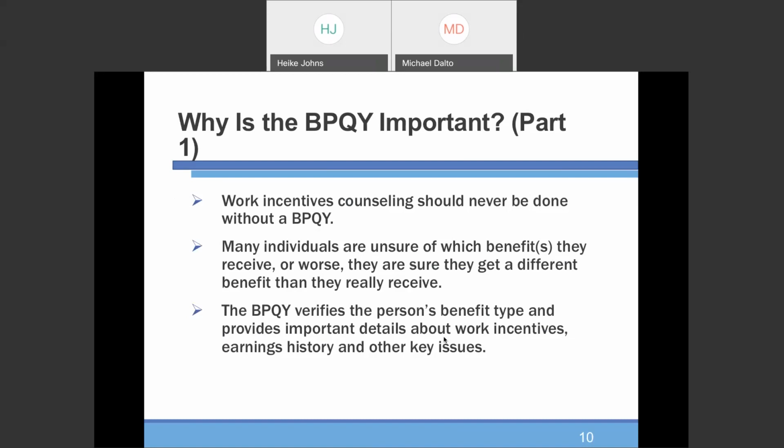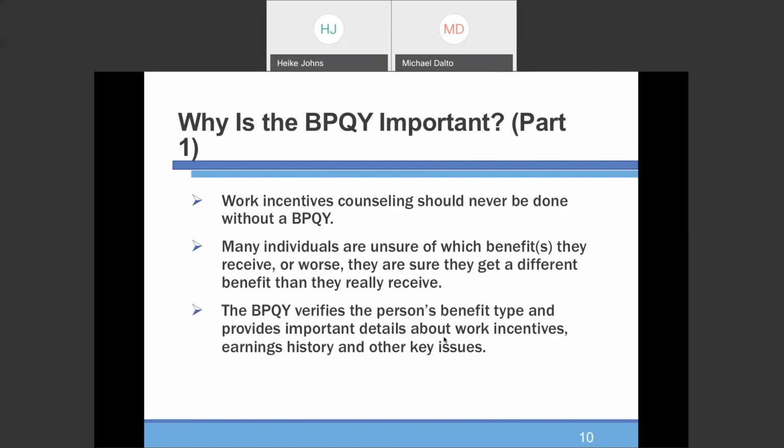If you rely only on information an individual tells you, instead of getting this official verification of benefits from a BPQY, you may get misinformation.